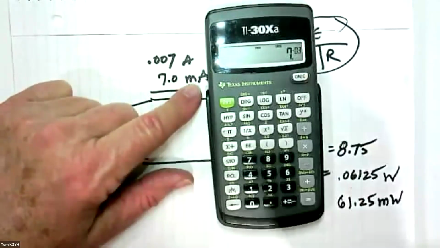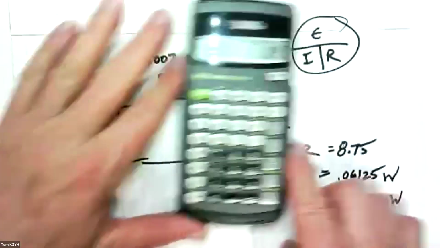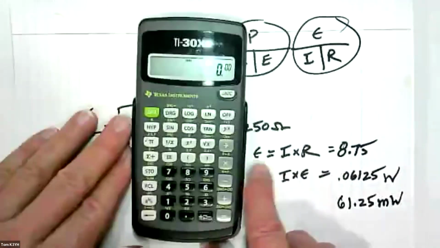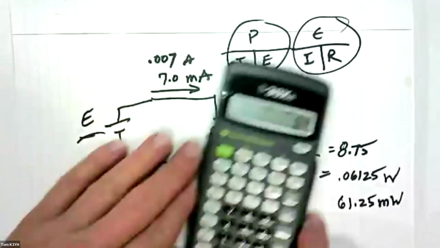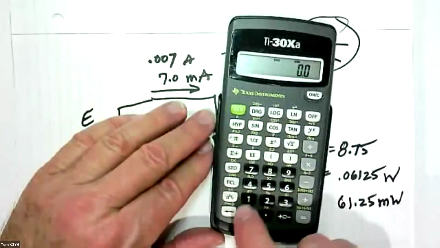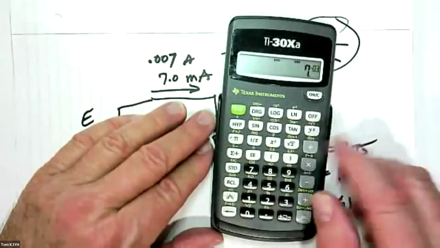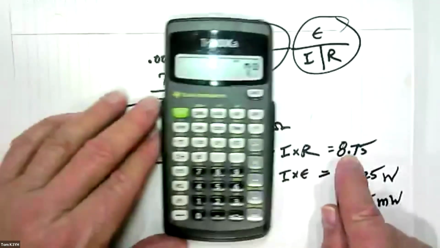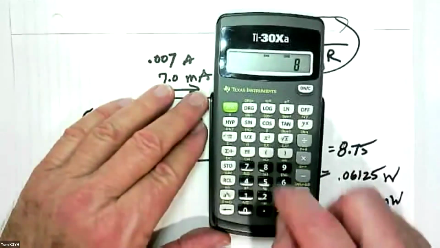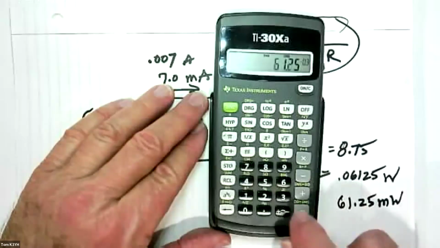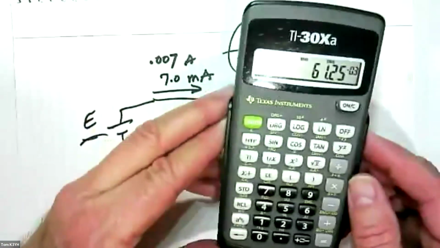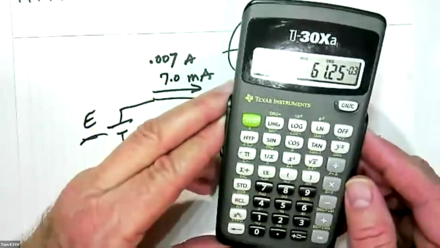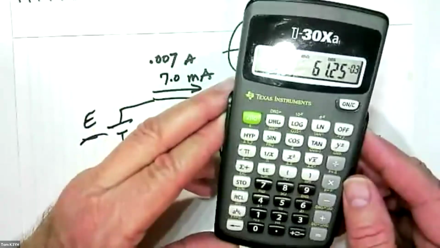Then let me just clear this and do the calculation, the I times E. I know that I is 0.007. Then we multiply that times E, and I calculated E as 8.75. I get equals, and there you go. It already tells you that it's 61.25 milliwatts. That minus 3 exponent tells you it's milli.